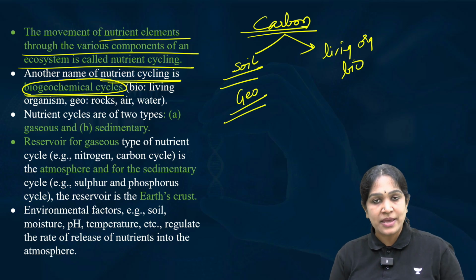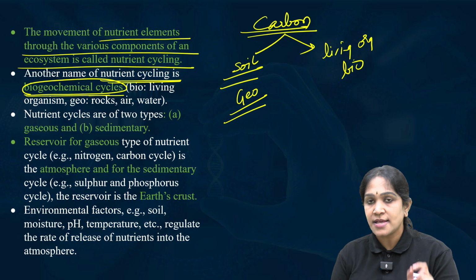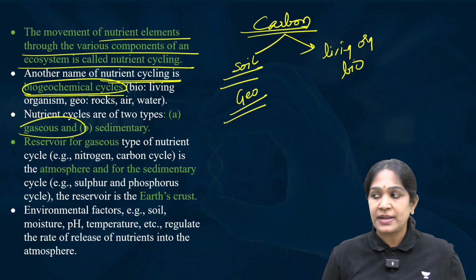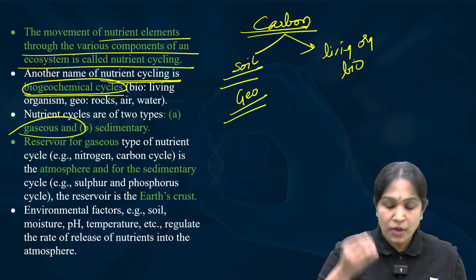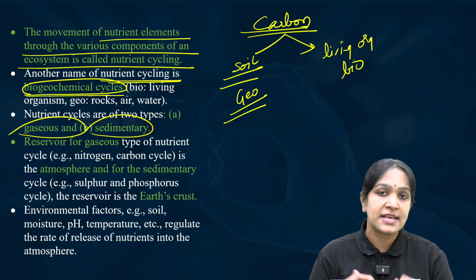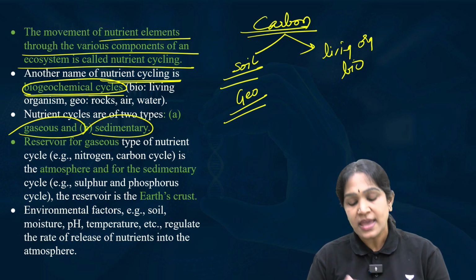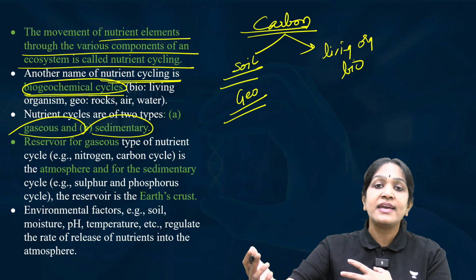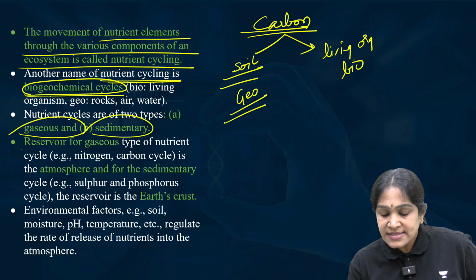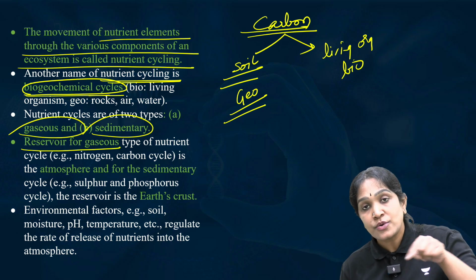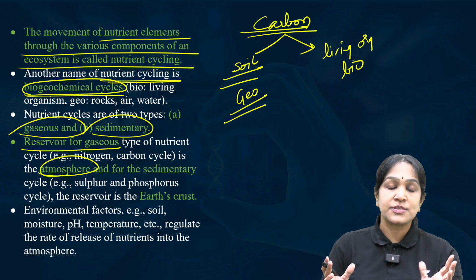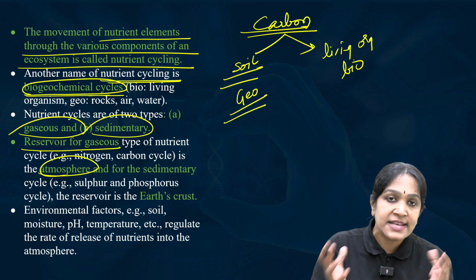These biogeochemical cycles, or nutrient cycles, are of two types: gaseous cycles, for example the nitrogen cycle, and sedimentary cycles, for example the phosphorus cycle. Gaseous cycle means it is only in the air, not in the form of sediment. What is the reservoir for all the gases?